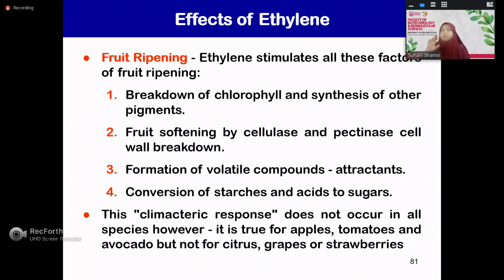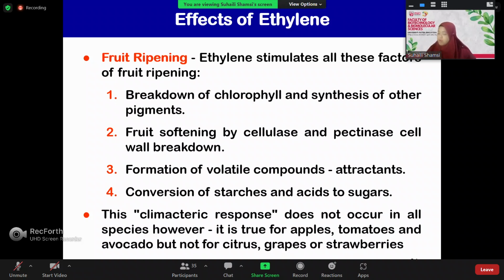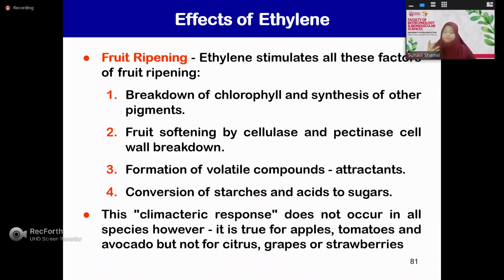The second one affects the expression of genes, especially cellulase and pectinase, which can be used to soften or loosen up the cell wall, which eventually brings about breaking down of the cell wall itself. And formation of volatile compounds as attractants, and conversion of starches and acids to sugar, making the fruit sweeter. Those are the steps that ethylene supports in order to drive fruit ripening.